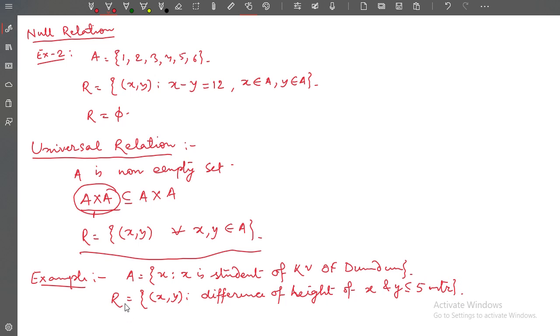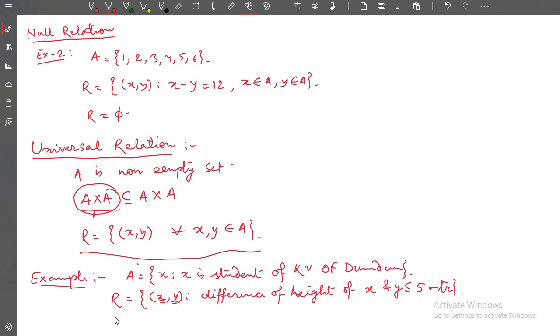What do you think about R? X and Y, all the students of A will be related with one another, because the difference of height, in fact the maximum height will be somewhere between 1.5 meter to 2 meter, so the difference is not going to exceed 5 meter, so each and every xy will be related.